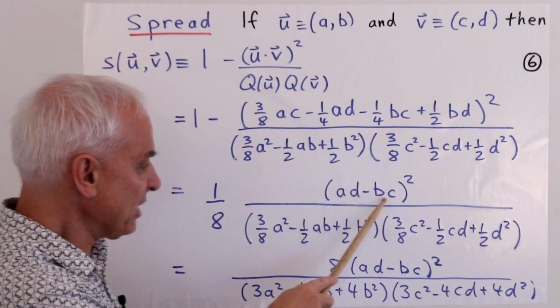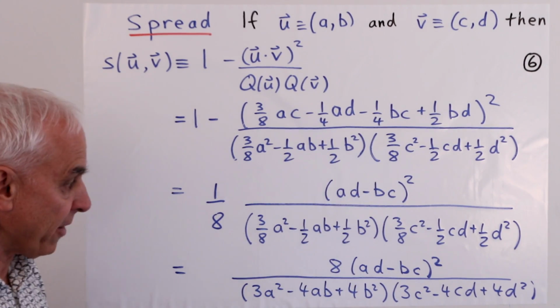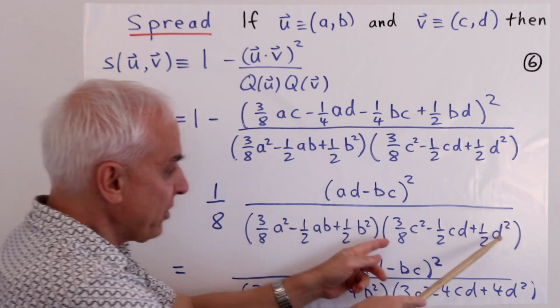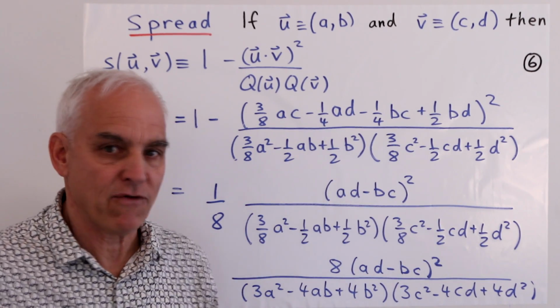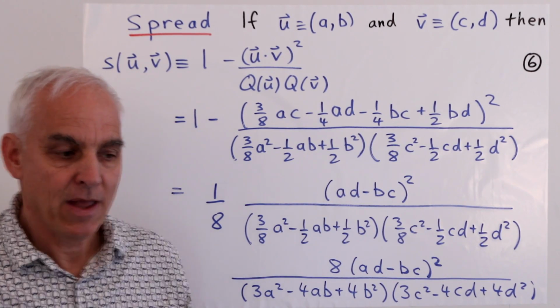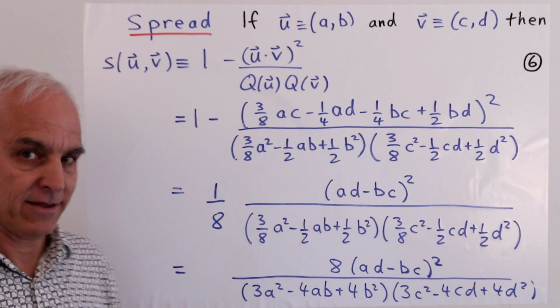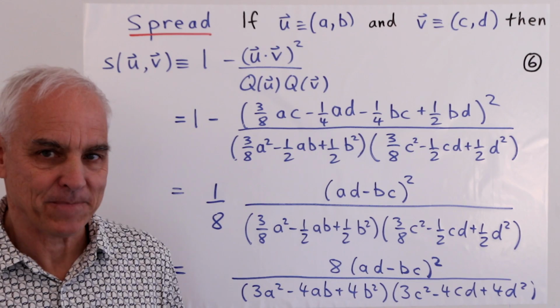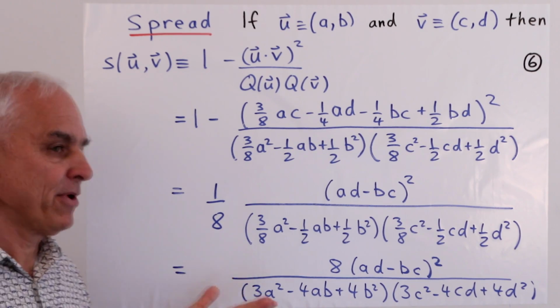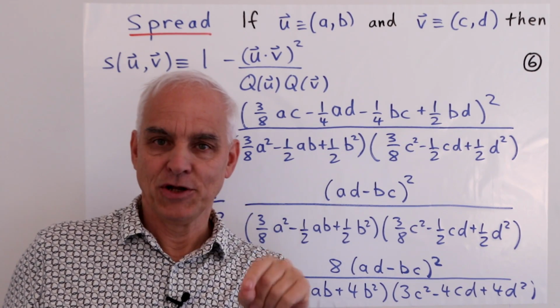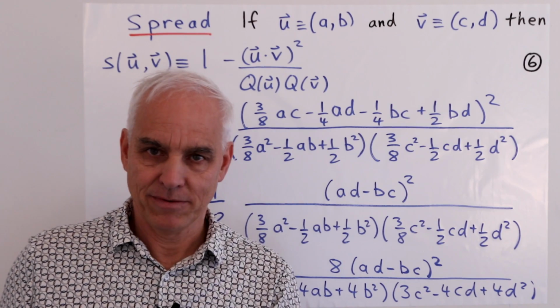So we get AD minus BC squared in the numerator there, and we get on the denominator here, again, the same products of quadrances as we had up there. But in addition, we have this number here, 1/8 out front multiplying. And where did that come from? Well, that was the determinant of our matrix M.